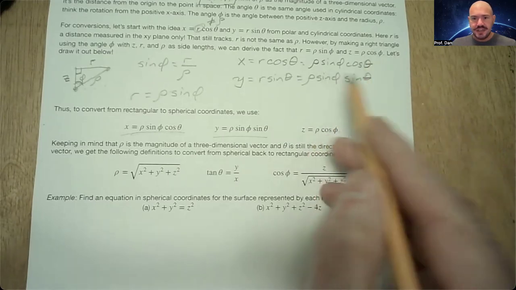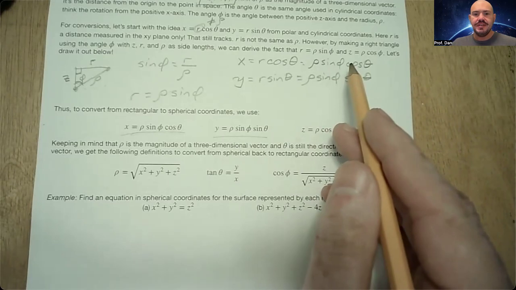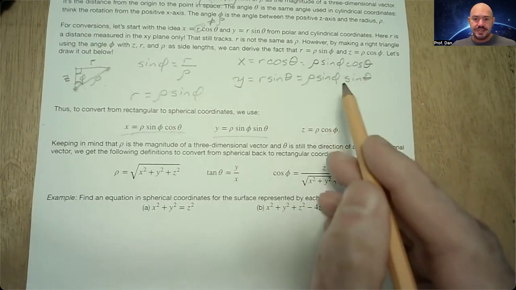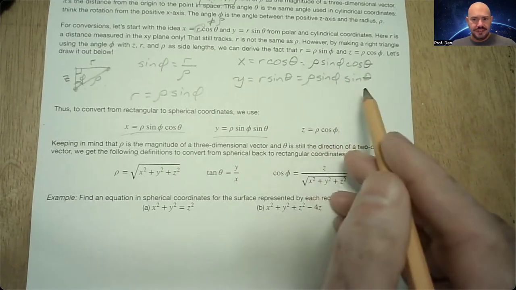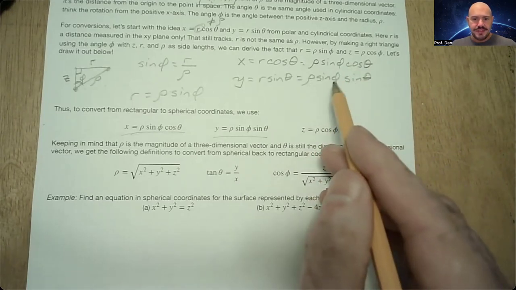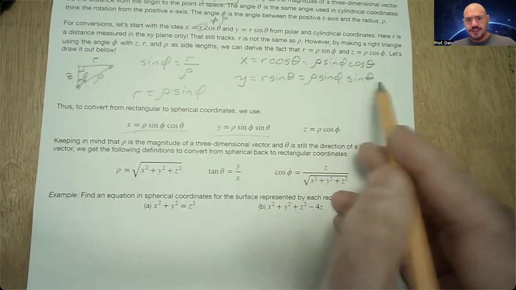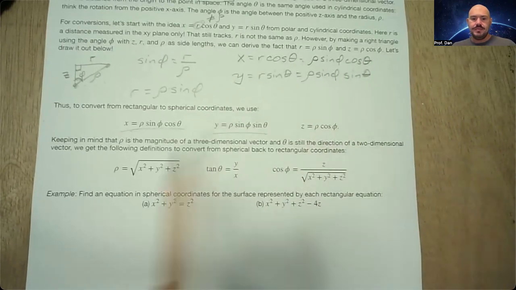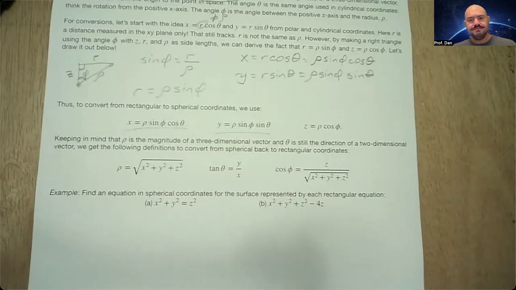So we could not use a double angle identity to rewrite that. For the same reason, we would not be able to write this as rho sine squared. It wouldn't work like that. Because again, this angle and this angle are not the same thing. So we have to just stick with it like this.